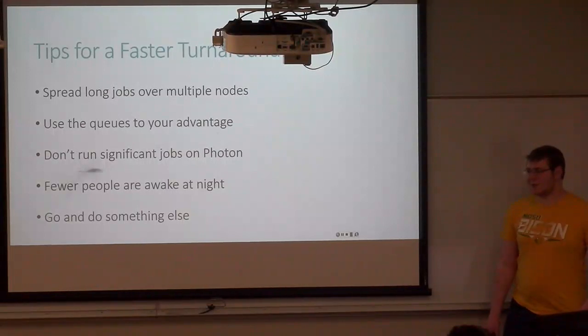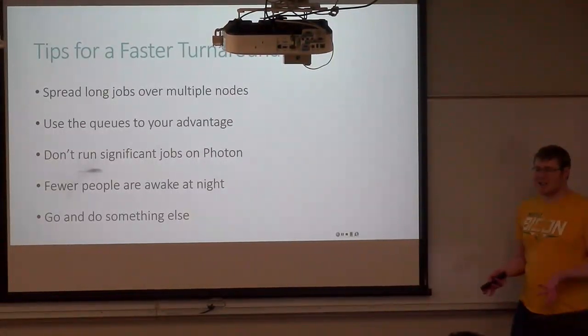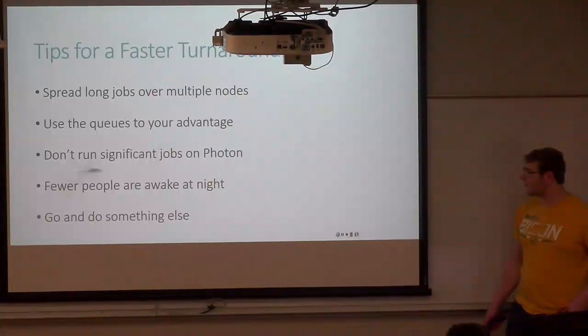If you know that your job isn't going to take that long, there's no need to put it in the long queue. Put it in the short queue, and sometimes it'll even be to your advantage to submit a job multiple times to the short queue rather than wait for the long queue to open up.